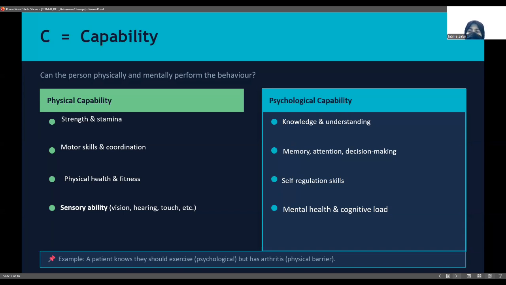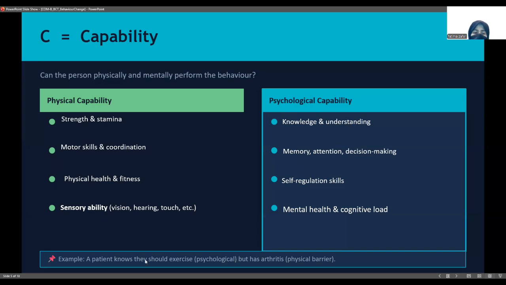In psychological capability, we see knowledge and understanding, memory, attention, decision making, self-regulation skills, mental health, and cognitive load. So this is all about capability, that is, can the person physically and mentally perform the behavior or not?